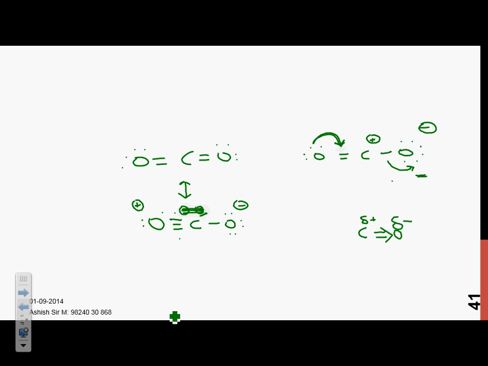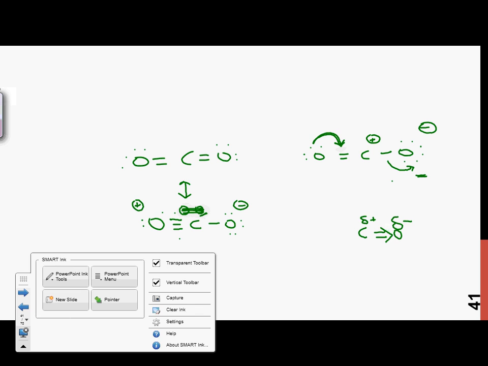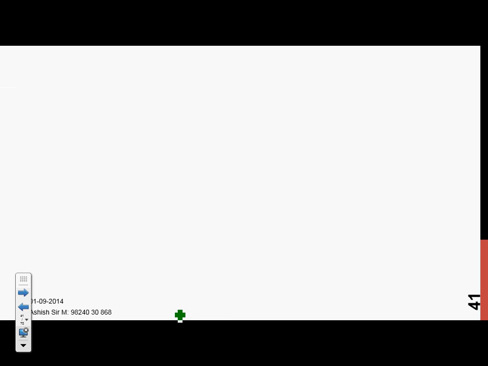Okay, if I redraw this, I am getting a new structure of carbon dioxide. This was the original structure which we had. One electron pair has shifted towards this side, one electron pair has shifted towards this side. Because of this, here the single bond has taken place, and 6 electrons over here.